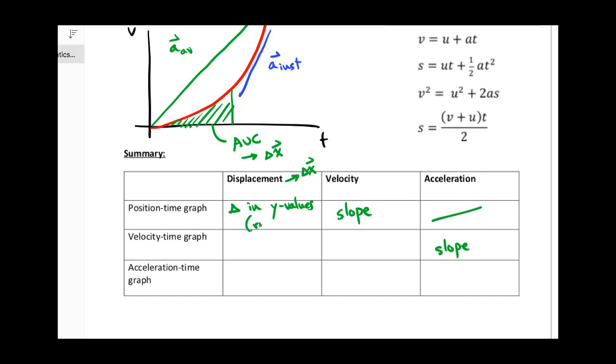Another way of thinking about that is it's the rise of the rise over run. On a velocity time graph, velocity is just the y values. That's what's on the y-axis. Displacement, we just said, is the area under the curve. And it's in fact the signed area under the curve. If it's above the time axis, it's a positive displacement. And if it's below, then it's a negative displacement.